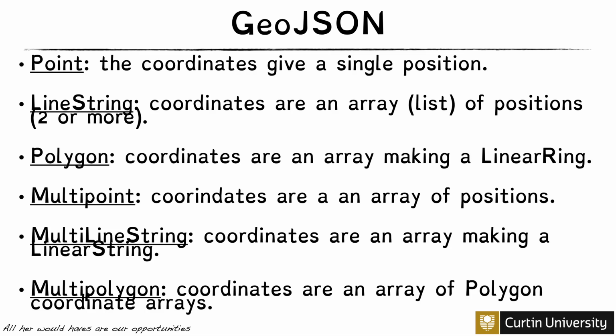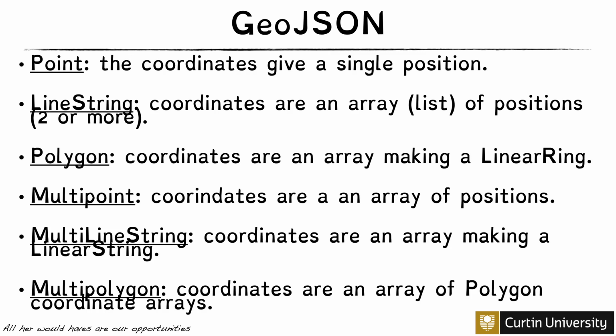There's a line string, which is two or more coordinates, and you can imagine it's a line string. A polygon is just coordinates that make a linear ring. With a polygon, it's really important to note that your first set of points and your last set of points need to be the same, because a polygon must close.